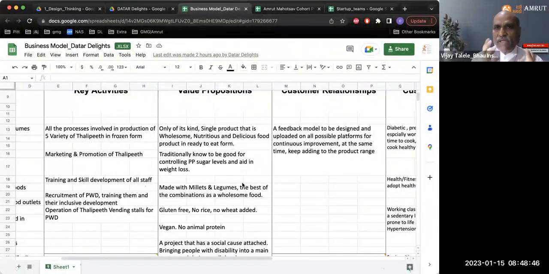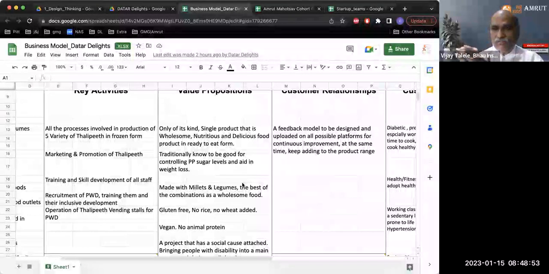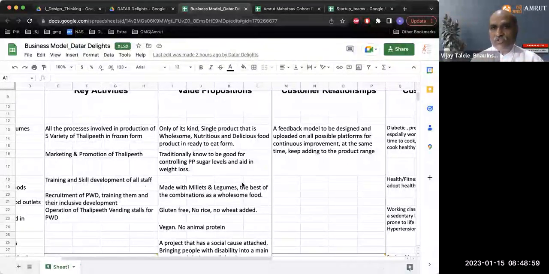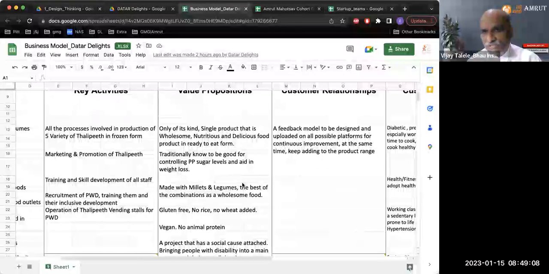So what are the mechanisms to make them aware? Suppose you have a vending cart, that is how you are selling it to the customer, your channel for sales. But how do you make them aware? Through social media, you will do some campaigns. So awareness is one factor in building a relationship with the customer.